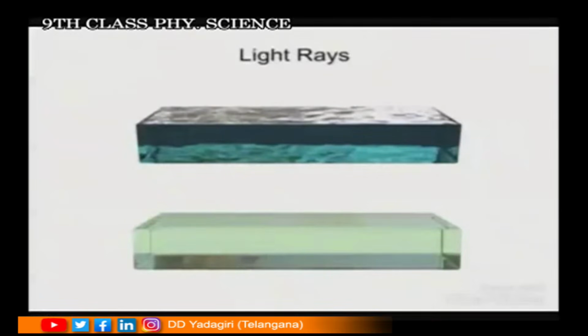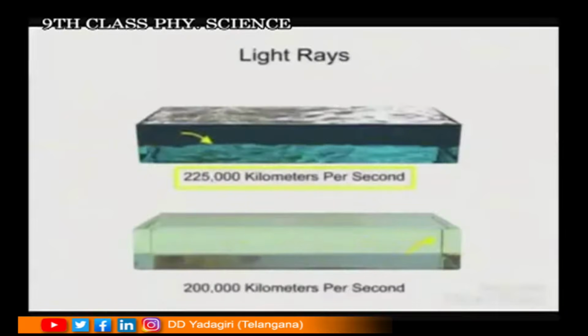Light, when it moves in different media, has different speeds. As we see, when light is moving in the glass slab, its speed is 2 lakh kilometers per second. When it is moving in water, its speed is 2,25,000 kilometers per second.